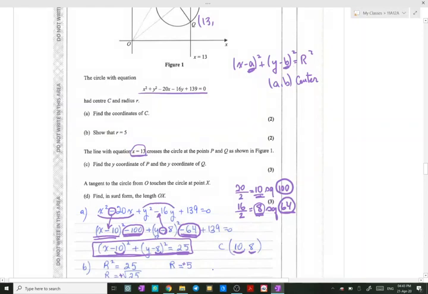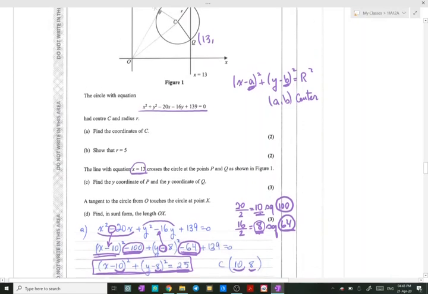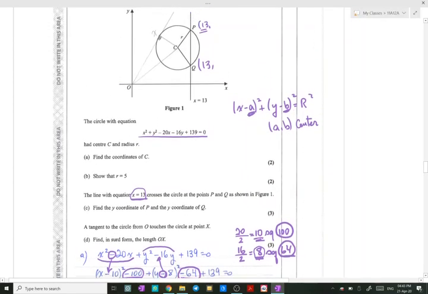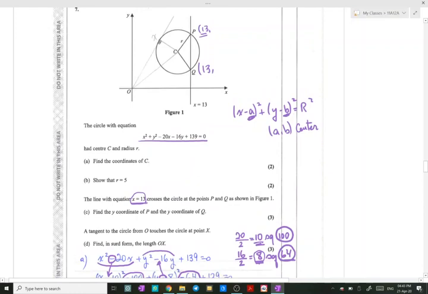The last part, which is D: a tangent to the circle from O touches the circle at X. So if you draw a tangent to the circle from the origin, it touches the circle at X. Since it is tangent, it only intersects at one point, X. Find in surd form the length of OX.